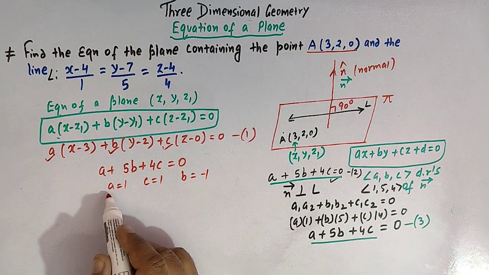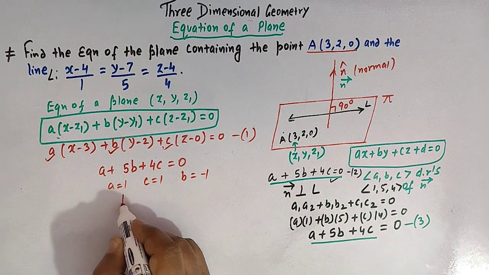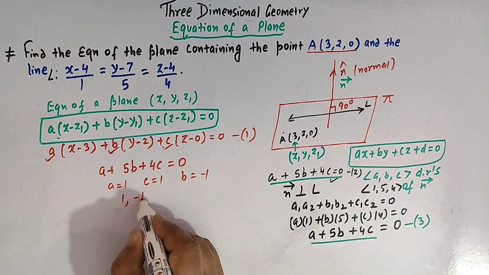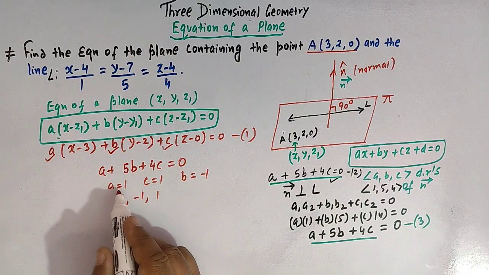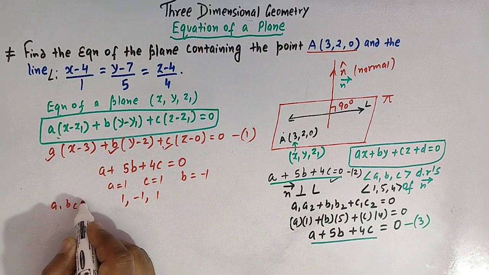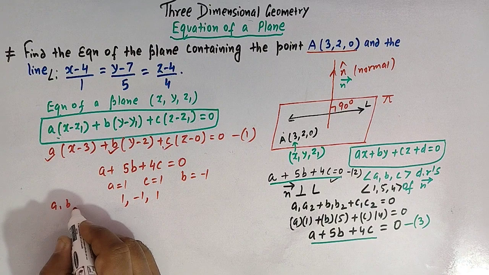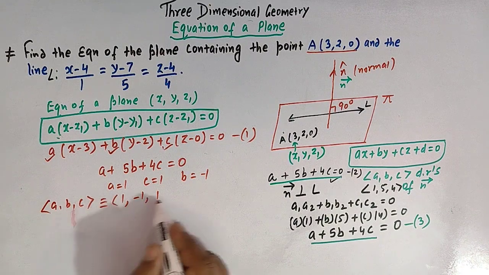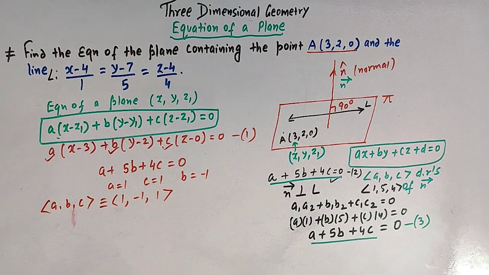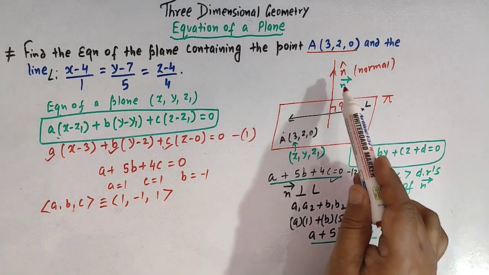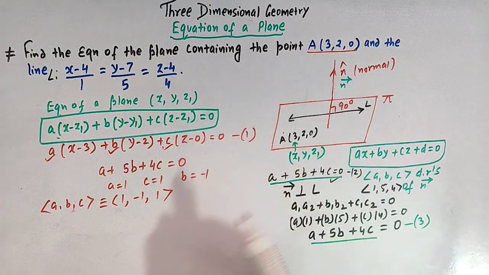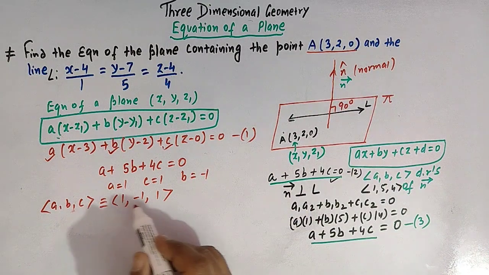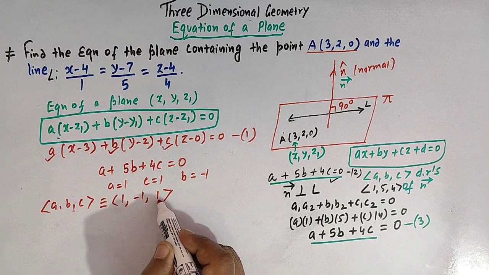So one set of values may be taken as 1, minus 1 and 1. So a, b and c can be taken as 1, minus 1 and 1, and the direction ratios of this normal vector can be taken as 1, minus 1 and 1, right?